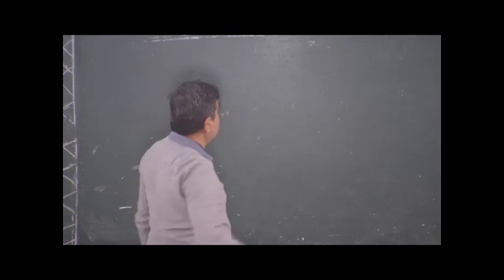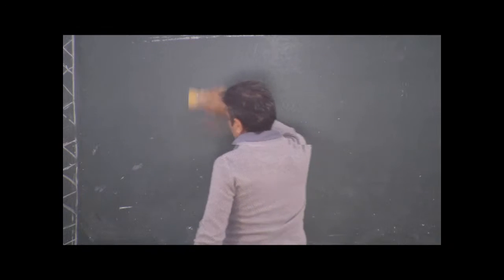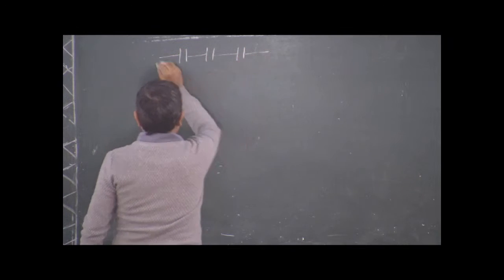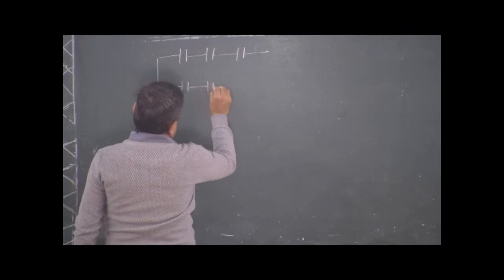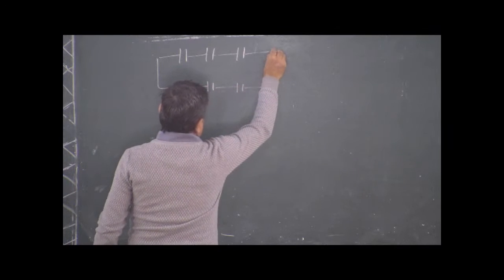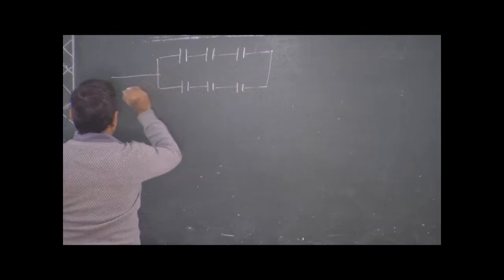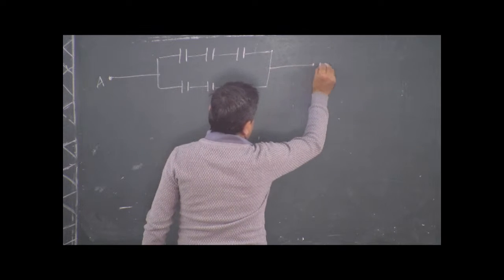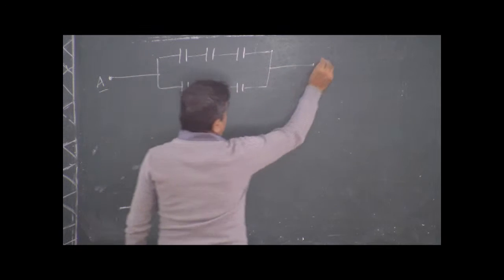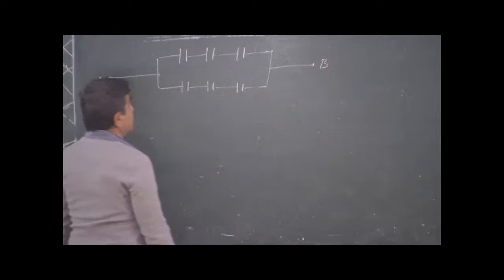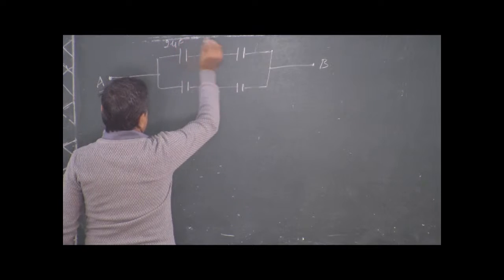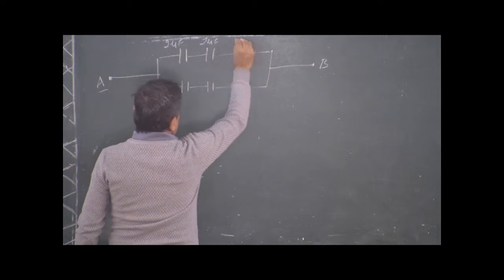Find the capacity of the following combination of capacitors. ये हमारे पास कोई कैपेसिटर्स हैं, and these are the end points of this combination of capacitors. Suppose this is A, this is B, and each capacitor is of capacity 2 microfarad.